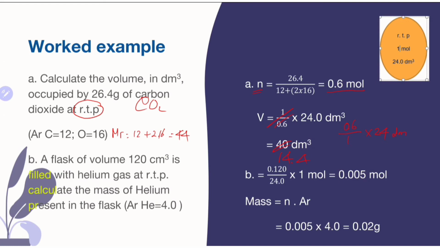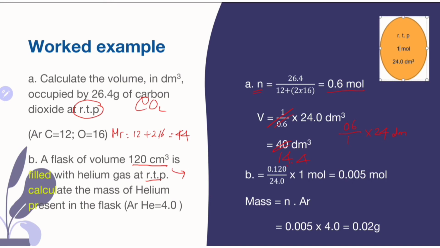Number B, a flask of volume 120 cm cube is filled with helium gas at RTP. Calculate the mass of helium present in the flask. We find out the mole by comparing the volume. We convert this to dm cube, divided by 1000.